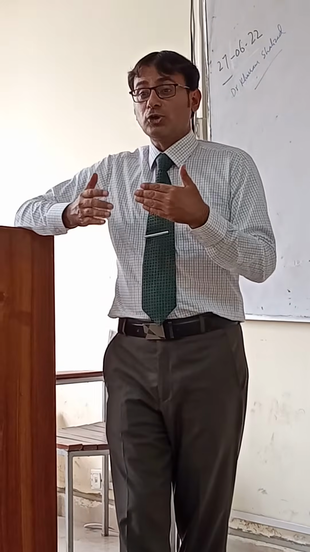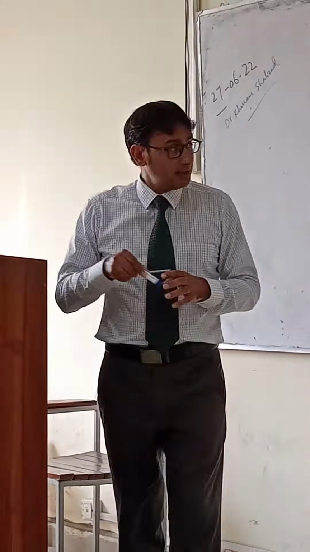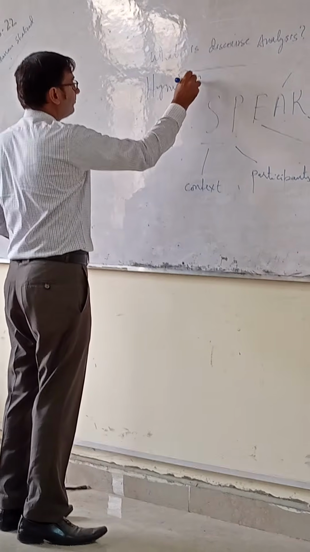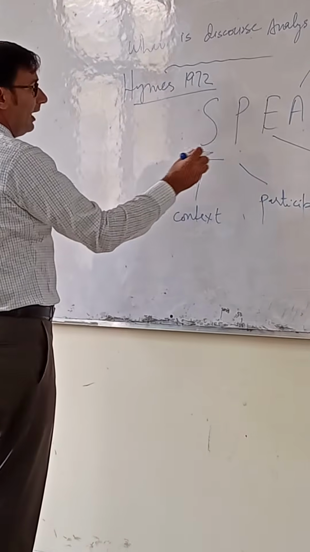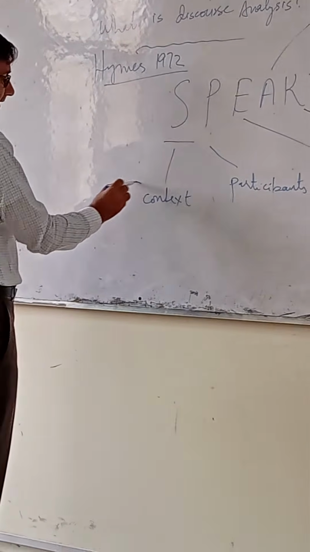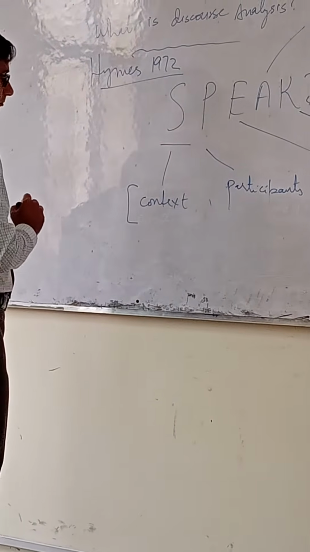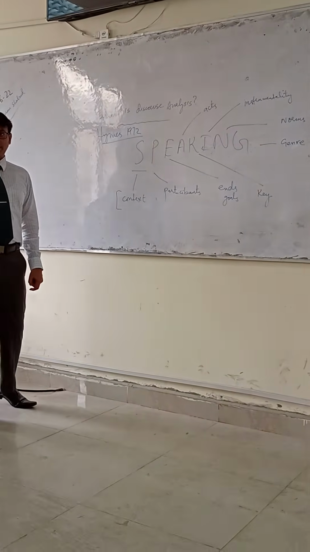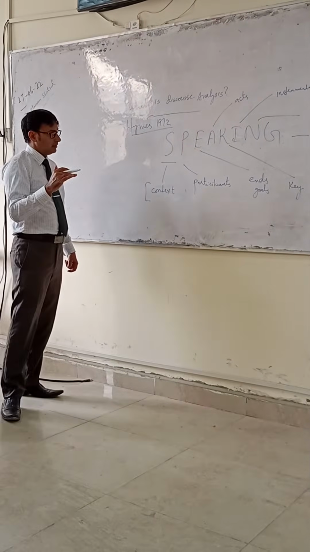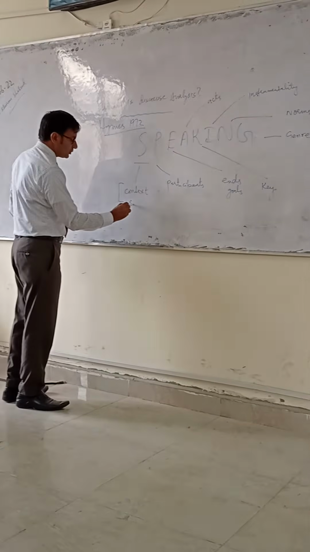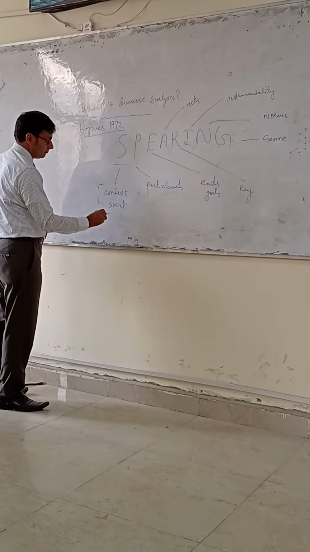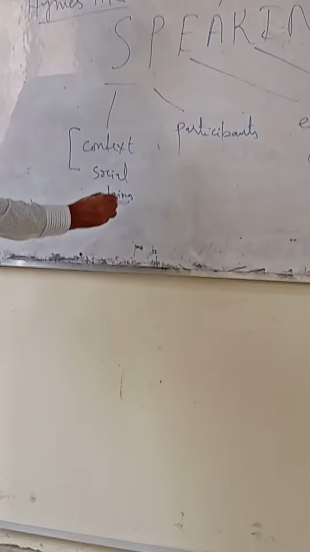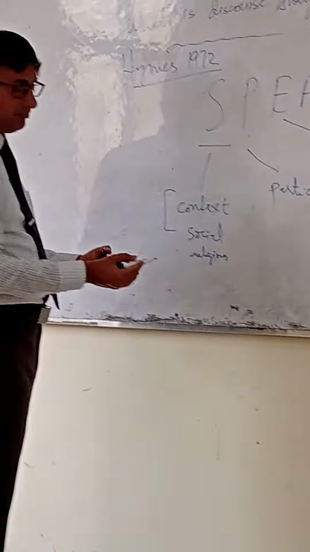It is talking about context, and in Hymes's model, I have already talked about context. Okay? Later on, context will be explained in detail. So, context can be social, and we can have religious context. Religion is part of the society.